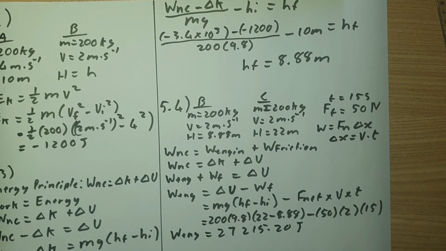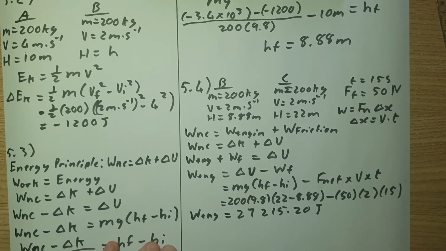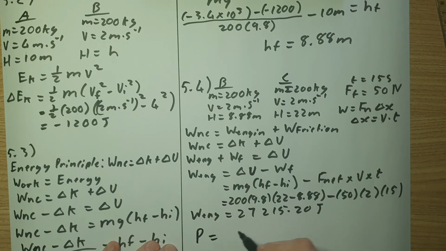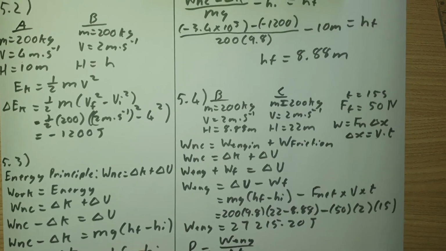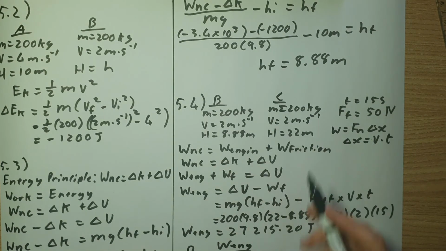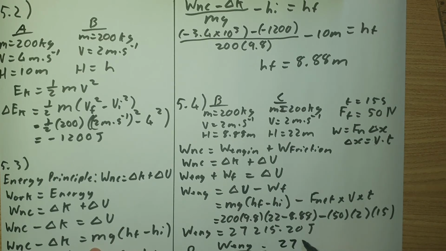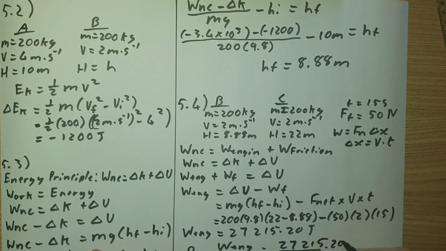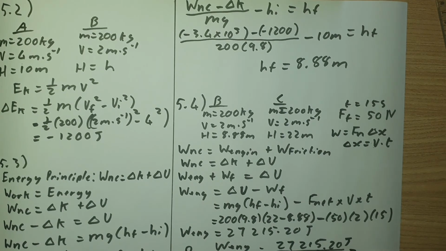But remember, you're not done with the question here because we have to calculate the power. Remember, power is the amount of work done over a given period of time. So P equals W of the engine over delta T. But now this delta T, remember, it took 15 seconds to get from B to C. So that's your delta T. So I'm going to take 27,215.20 and divide that by 15 seconds, and that's going to give me my power.